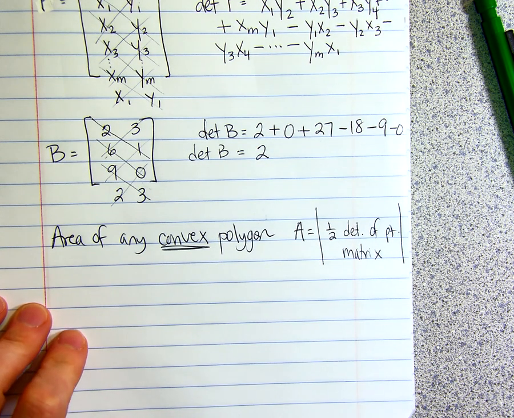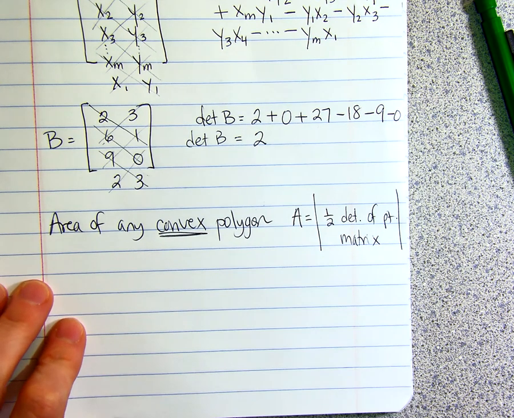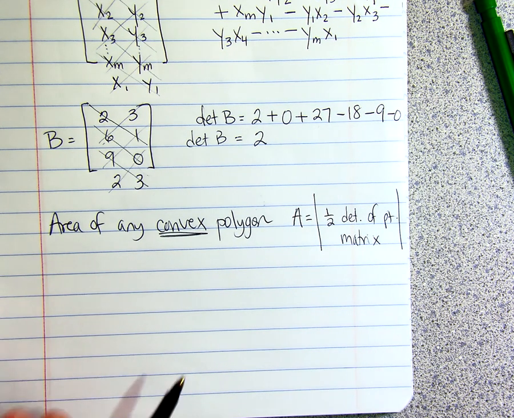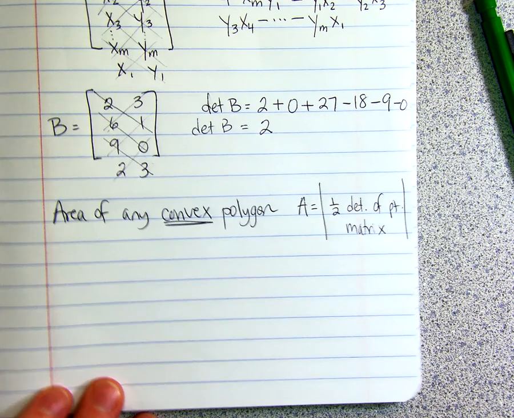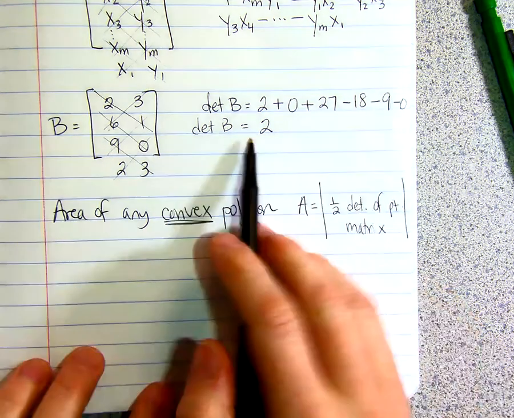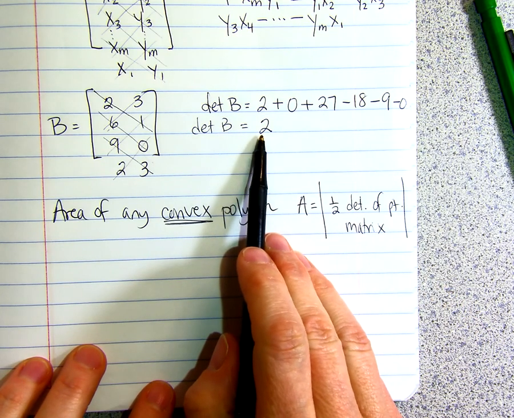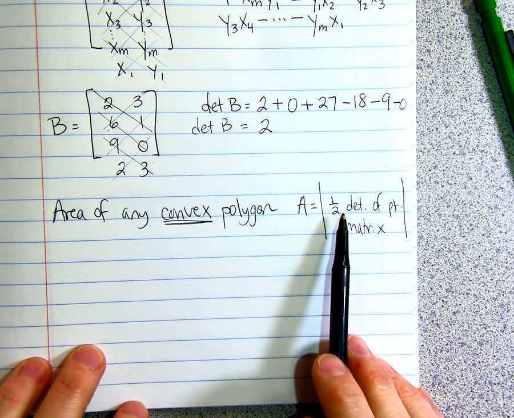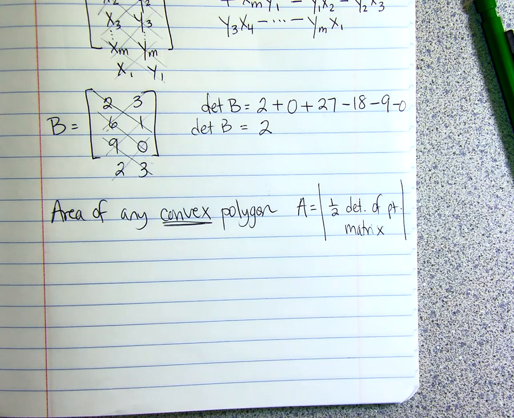In the formula it says half the determinant of the point matrix. So you're just finding the determinant of the point matrix. The determinant would be 2, but the area would be the absolute value of half of that, so 1.